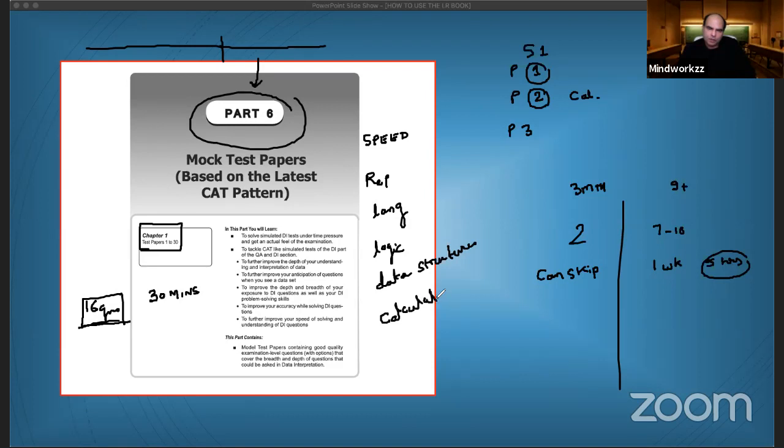If you see here, 30 tests with around 4 to 5 sets each, so this is about 150 practice sets of questions on traditional DI here, and you'll see these are not all easy. You'll see some good quality questions there also.